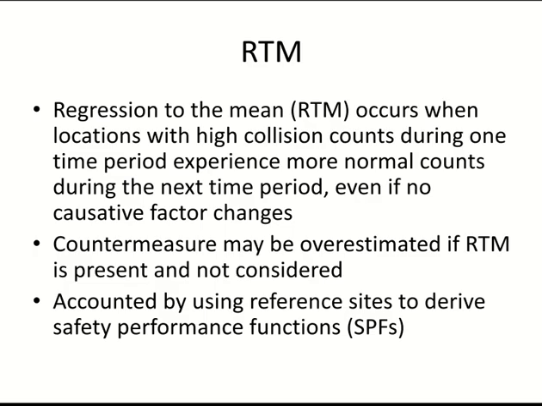Because even that average of 5 before was not exactly 5 every year. Sometimes it was more than 5, sometimes it was less than 5. So maybe if you wait for a long time, this will happen after as well. This is called regression to the mean. Some values are going above the mean and below the mean.